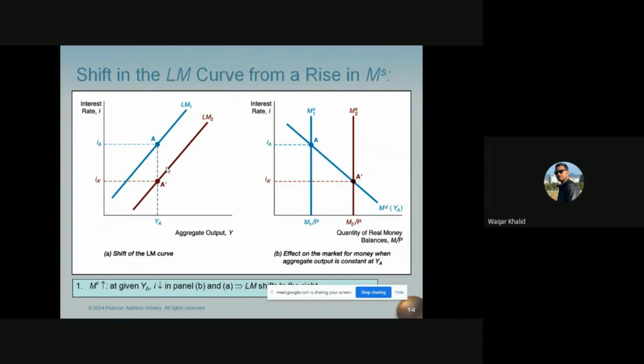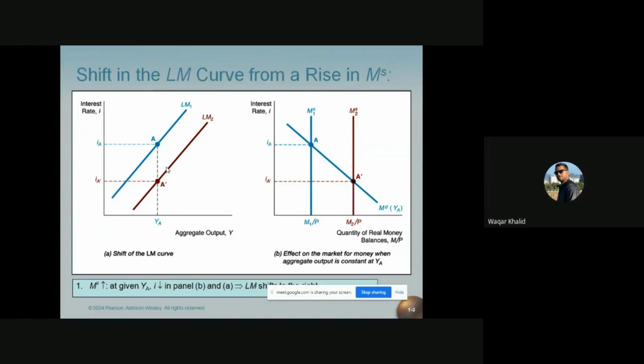This condition of excess demand for money can be eliminated by a rise in the interest rate. So in this case, the interest rate will rise, which reduces the quantity of money demanded until it again equals the quantity of money supplied.